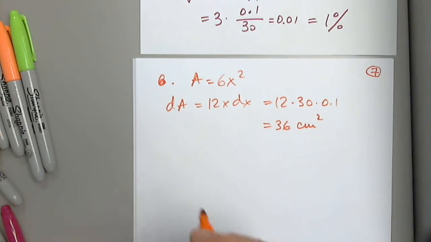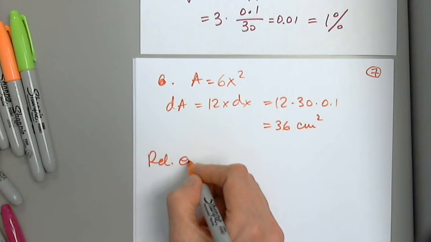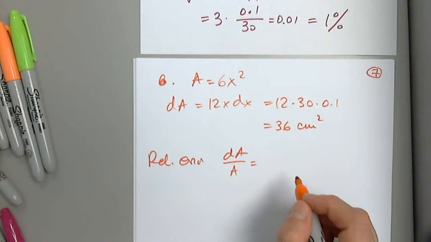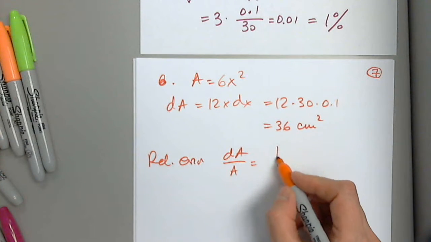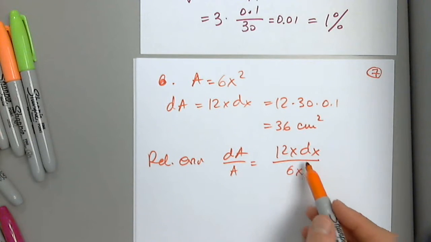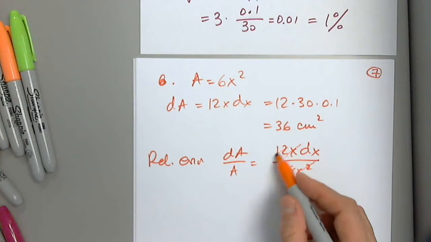Excellent. Now we want the relative error, which is dA over A, which is 12x dx divided by 6x squared, and 2.